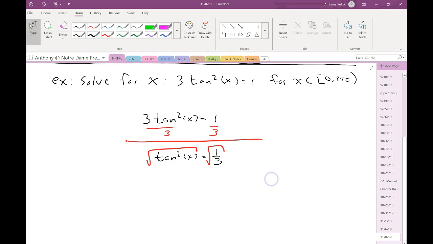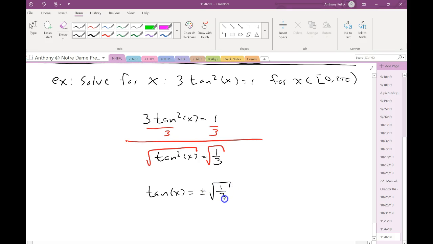Remember though, when we square root both sides of an equation, what do we have to remember? Plus or minus. Now, at first glance, this doesn't look like a unit circle value for tangent, but if I do a little bit better here, I know that to square root a fraction, that's the same thing as square rooting the numerator and denominator.